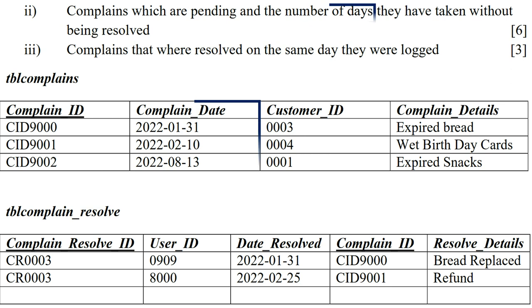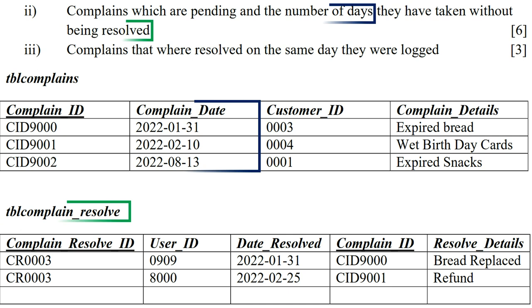And then there's another condition, another calculation that needs to be done. The calculation is the number of days they have taken without being resolved. Meaning to say we have observed that CID 9002 is the one that was not resolved, right?